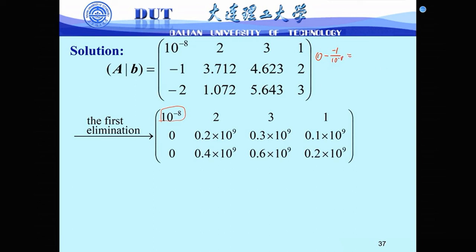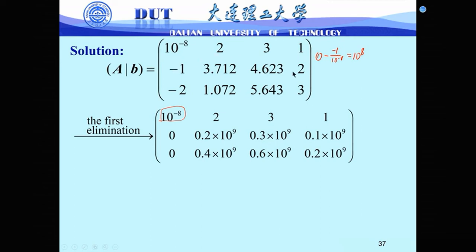So minus, okay, disappears, right? Here the denominator is 10 to minus 8, so that is 10 to 8. This is a multiplier. We use this number to multiply the first row and add to the second row.